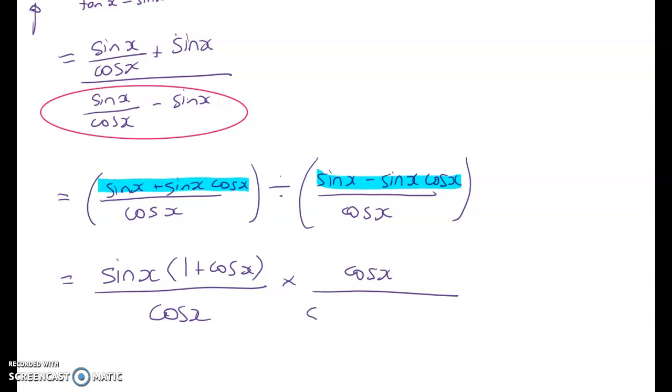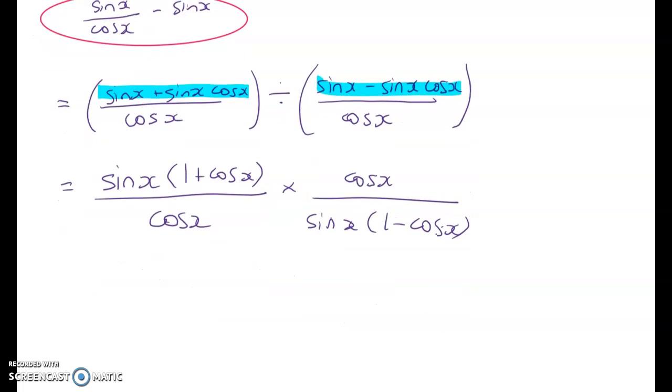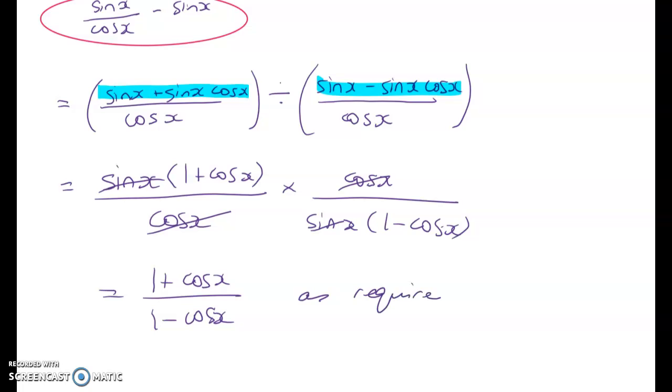So cos x over sine x into 1 minus cos of x. Right, so now I can simplify out. We get this and this. We end up with 1 plus cos x over 1 minus cos x as required. So there you go. What's next?